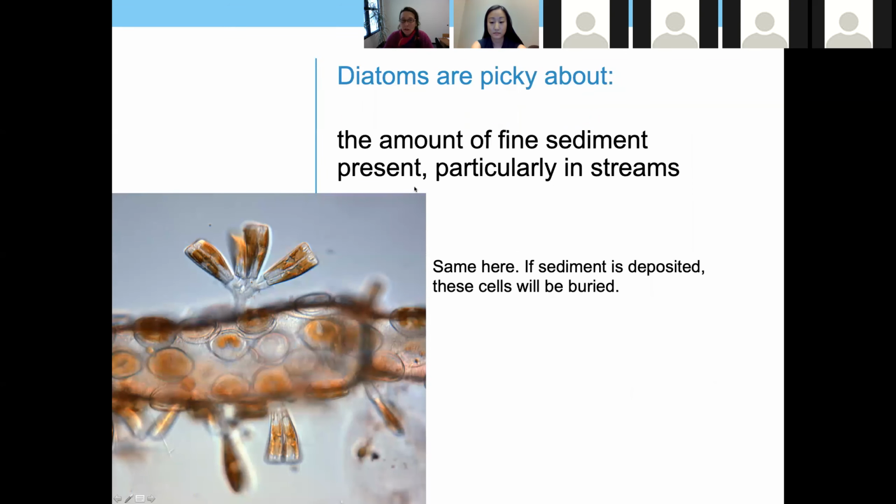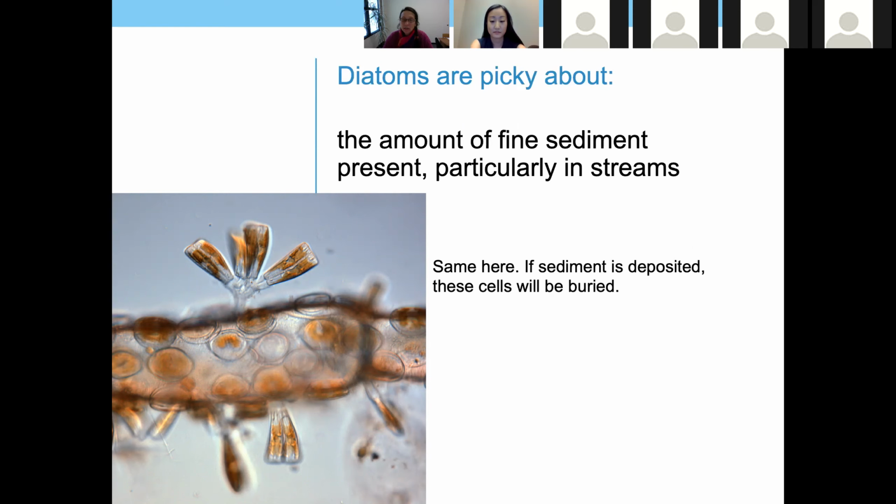We can also understand modern sites, streams and rivers. These next couple examples are going to be how diatoms are picky about things in rivers, and they're picky about the amount of fine sediment in streams.